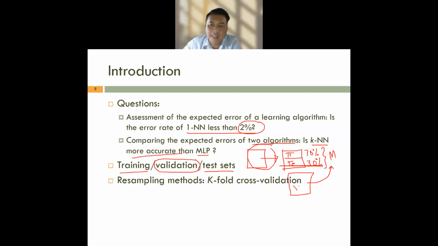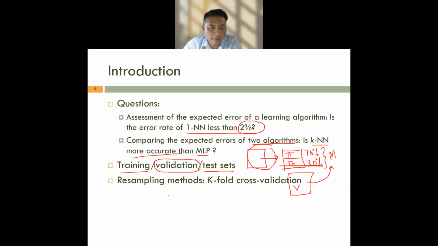So this is what we call the validation data set. Okay, so you want to know whether you get the same accuracy or not if you use other data with the same domain.